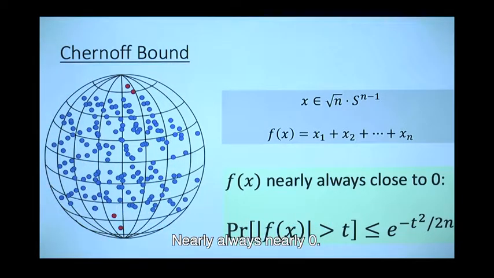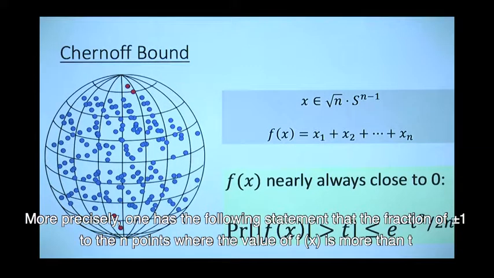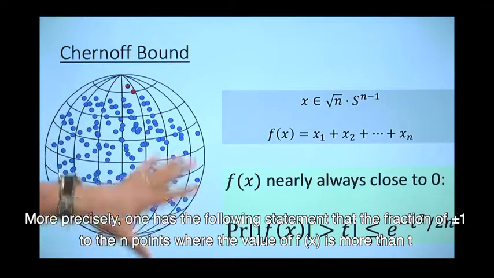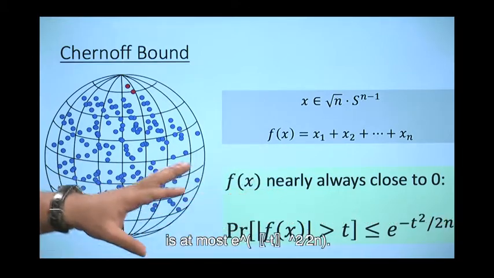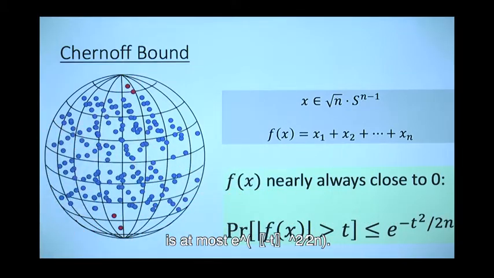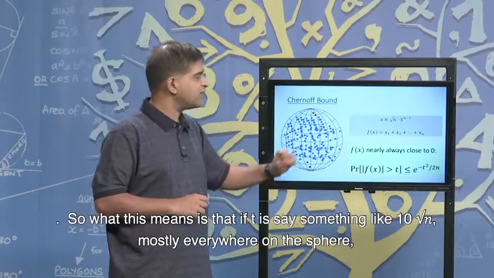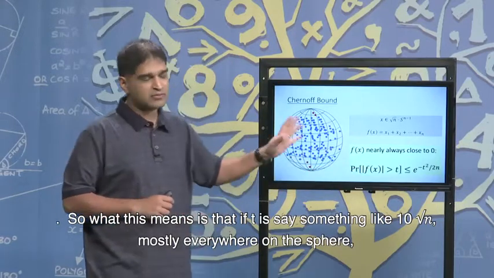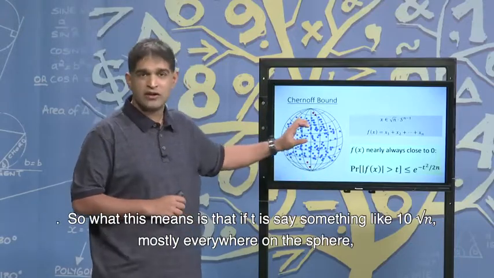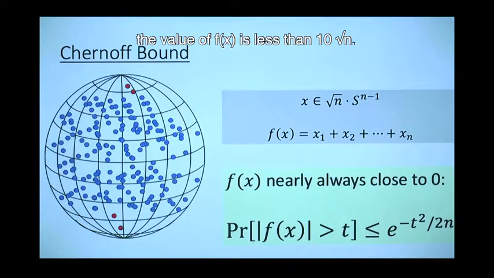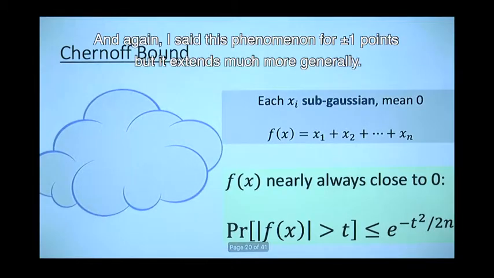More precisely, one has the following statement: the fraction of +-1 to the n points where the value of f of x is more than t is at most e to the minus t square by 2n. So, what this means is that if t is say something like 10 root n, then mostly everywhere on the sphere the value of f of x is less than 10 root n.